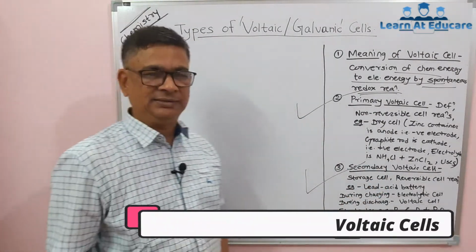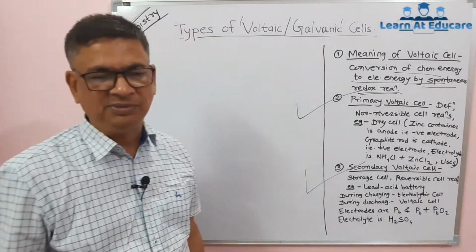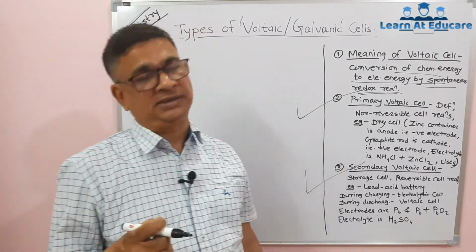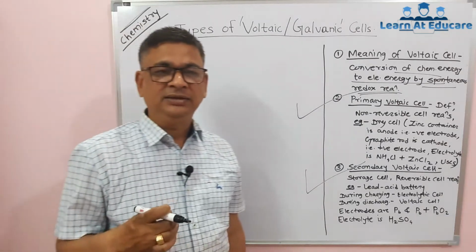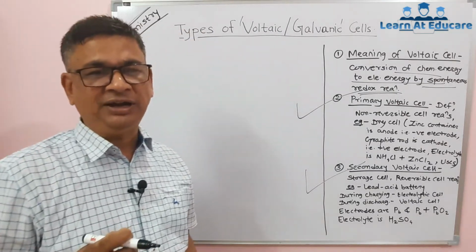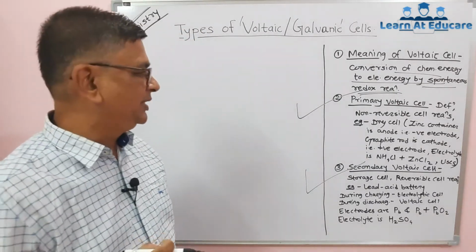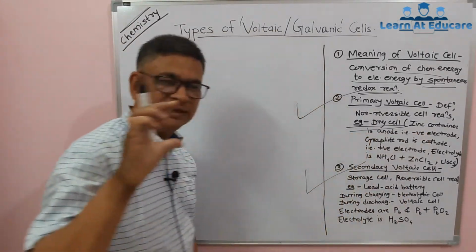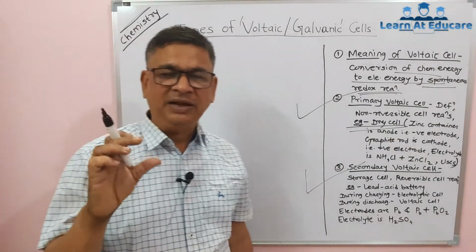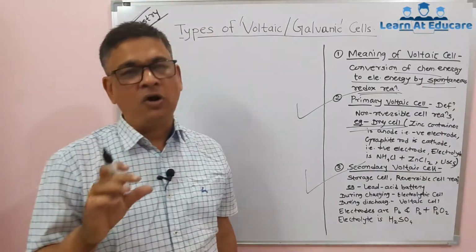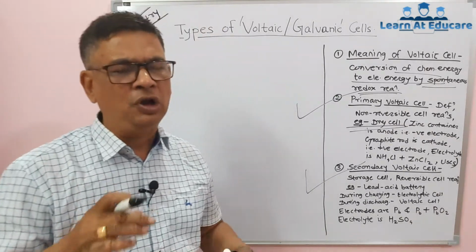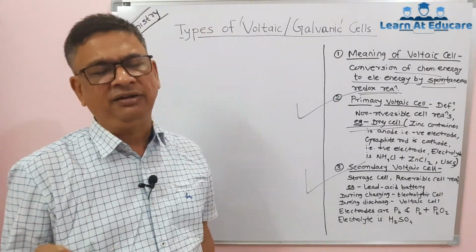Primary voltaic cells are non-reversible, means the cell reactions cannot be reversed by applying a cell EMF just greater than the cell EMF. A very common example is the dry cell, that is the battery that we use in our quartz clocks, calculators, video games, or a lot of such electronic and electric apparatus.